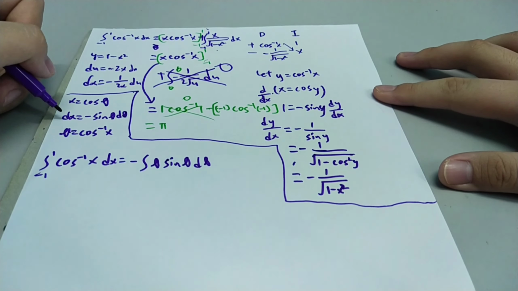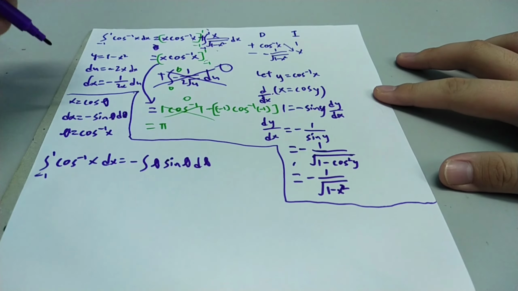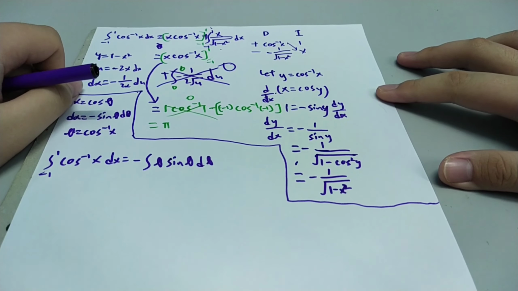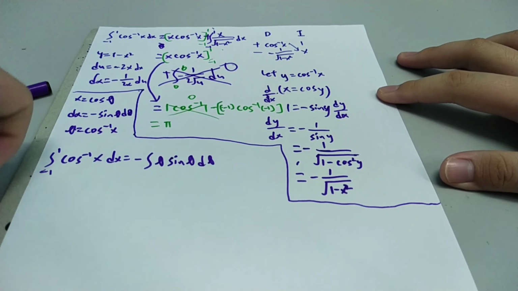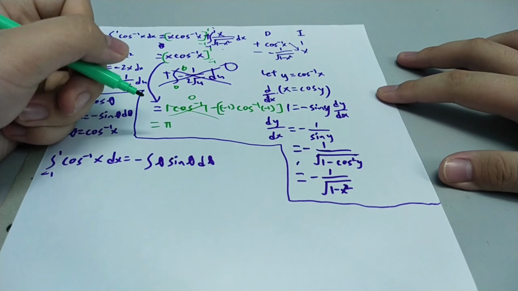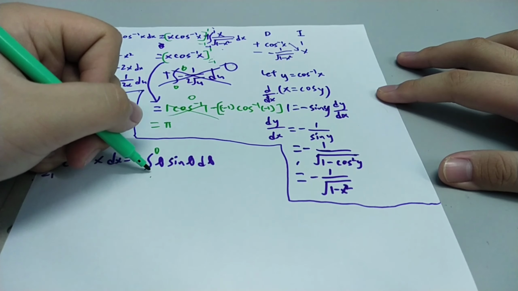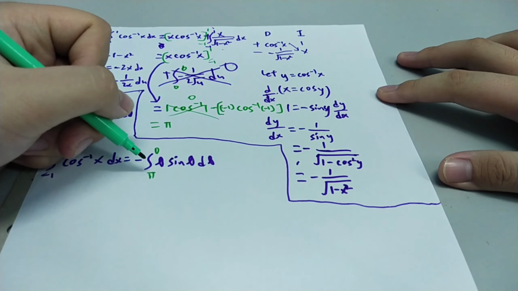And then what about the lower limit and upper limit? We can use the substitution to do it, right? So when x is equal to 1, it is going to be equal to 0. While x is equal to -1 is going to be equal to pi.